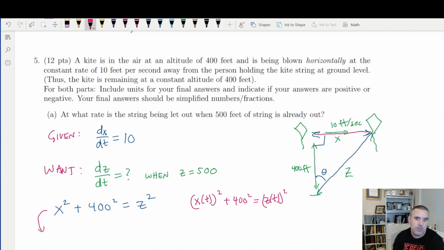The derivative of this is going to be bring down the 2, it becomes a 1 in the power, times the derivative of the inside. How we typically write that is this, 2x dx dt. This one is 0 because it's a constant. It's not changing. Equals 2z dz dt. And now we are done.